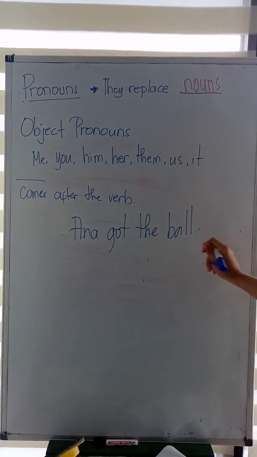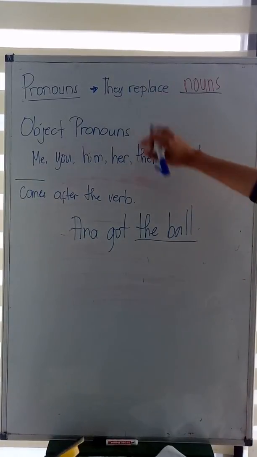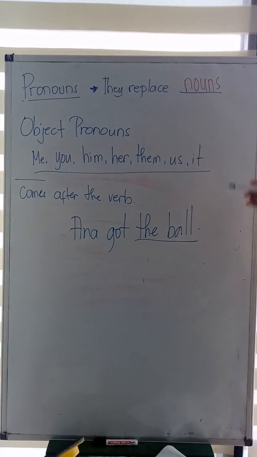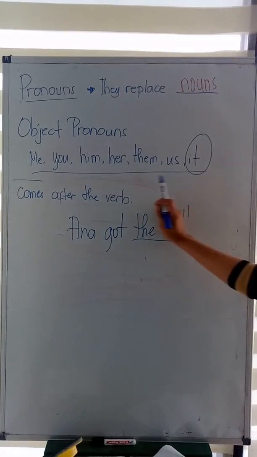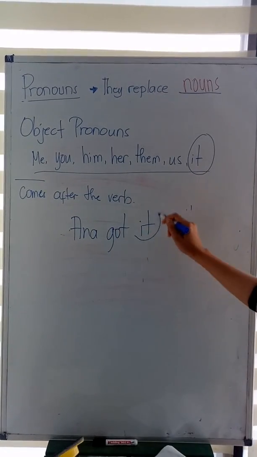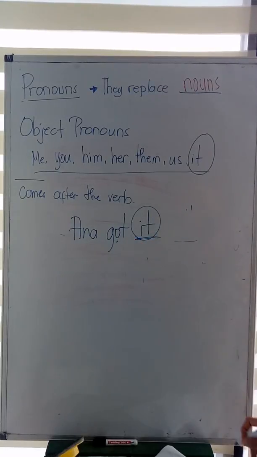So our object here is the ball. If we are going to replace the ball with an object pronoun, which object pronoun will we use? It should be it. Anna got it. So this is our object pronoun, and it comes after the verb got.